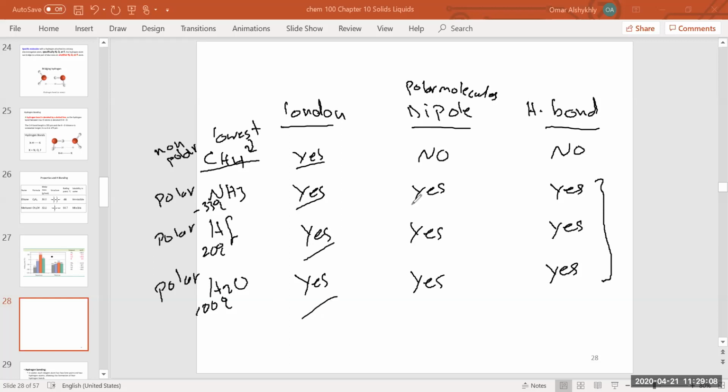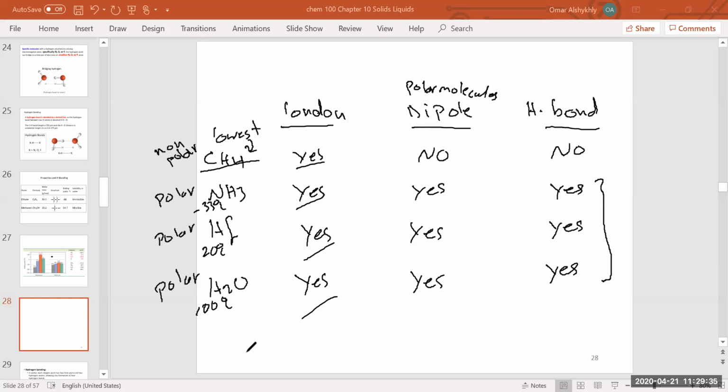Now let's look at the dipole. NH3, HF also. They have the dipole forces and hydrogen bond. They all have hydrogen bond. Now the question is, how many hydrogen bonds in each molecule?